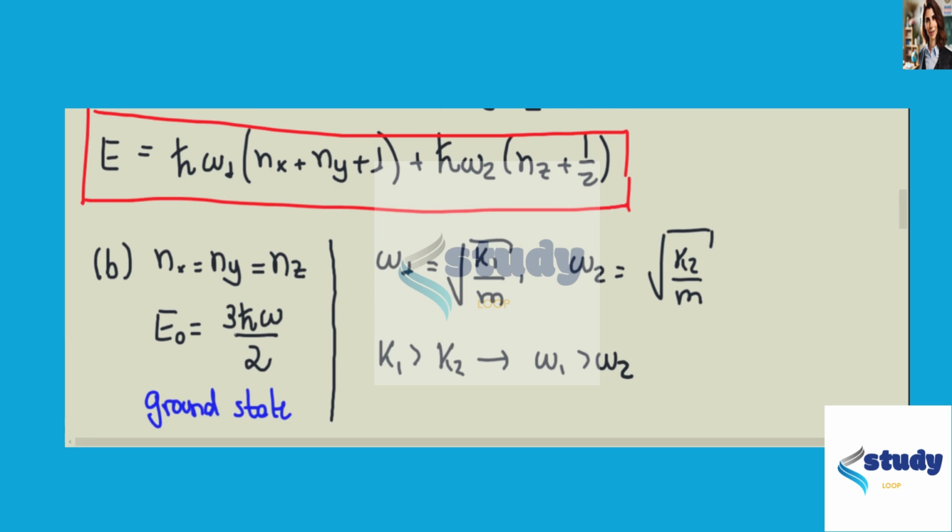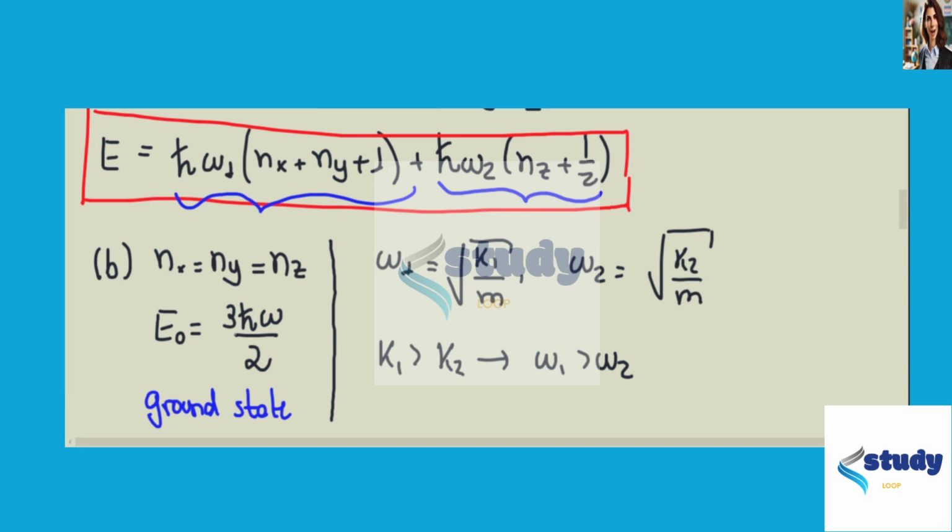Okay, this means that the contribution of energy of the x and y coordinates, that is this first term here, is greater than the contribution of energy for the second term, the term that comes from the z coordinate.